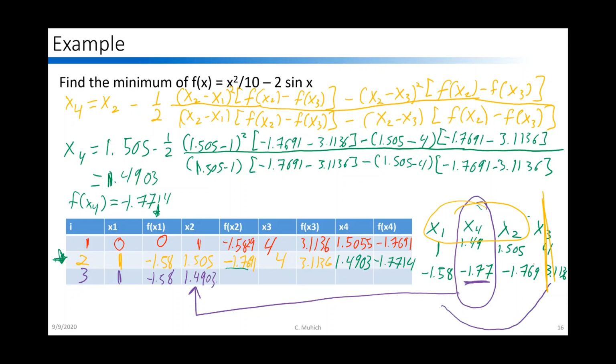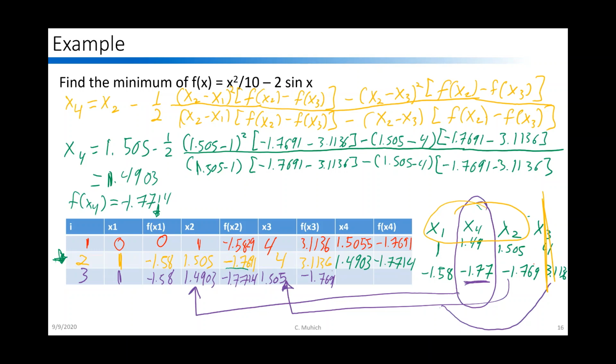I'll put in the extra digits, 1.4903. This gives us negative 1.7714. x3 is now replaced by what used to be x2. So this is 1.505 with a value of negative 1.7691. And then you could do all of the math again to calculate x4.